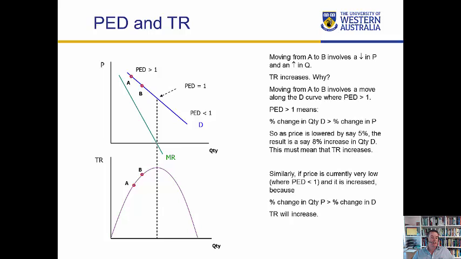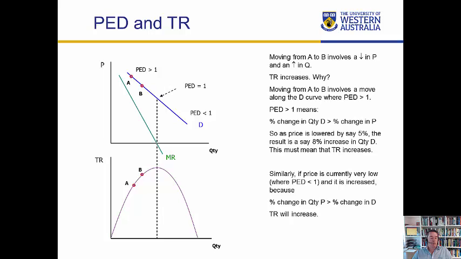So if we have to, say, lower the price by 10% to move from A to B, because the price elasticity of demand is greater than 1, the percentage change in quantity demanded is going to be greater than 10%, maybe 15%. So if you're lowering the price by 10%, but quantity demanded is increasing by 15%, total revenue must be going up. And on the bottom diagram, that's exactly what is happening between points A and B. We are increasing quantity by lowering price.